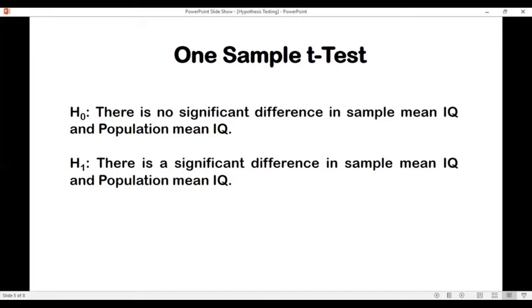So friends, here I am interested to check whether the sample mean IQ is same as population mean IQ or whether there is any difference in that mean value. So that means here we have a variable that is IQ which we want to test using this hypothesis. So for that there are certain assumptions firstly which we need to check to test this hypothesis.